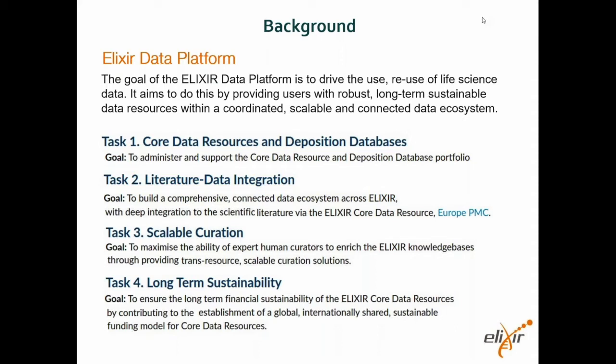These are core resources that are extremely important for the life science domain, and it supports in way of providing metrics and so on. The other aspect is literature data integration, which is to do with the literature, that is scientists publishing papers, and how it is connected to the underlying data. And I'll talk a little bit more about it in a bit.